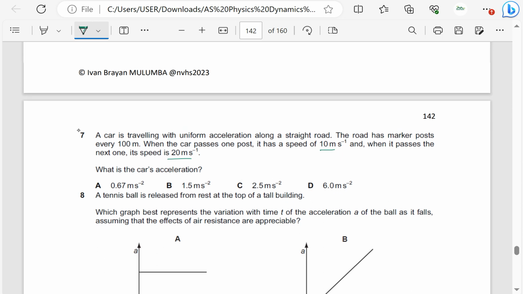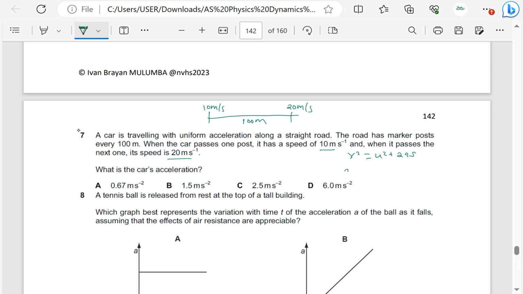So I'll just try to sketch this. This is the first post, the second post, and the distance is 100 meters. Here it is at a speed of 10 meters per second, and here it is at a speed of 20 meters per second. If we assume the acceleration is constant, I will use the equations of motion, especially v squared is equal to u squared plus 2as.